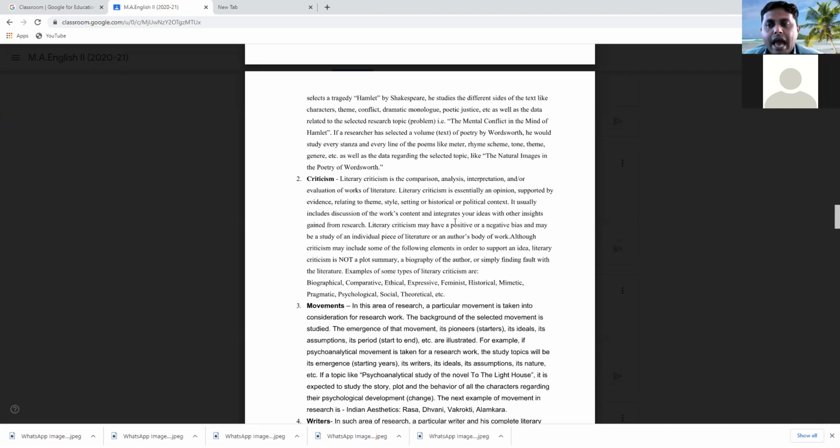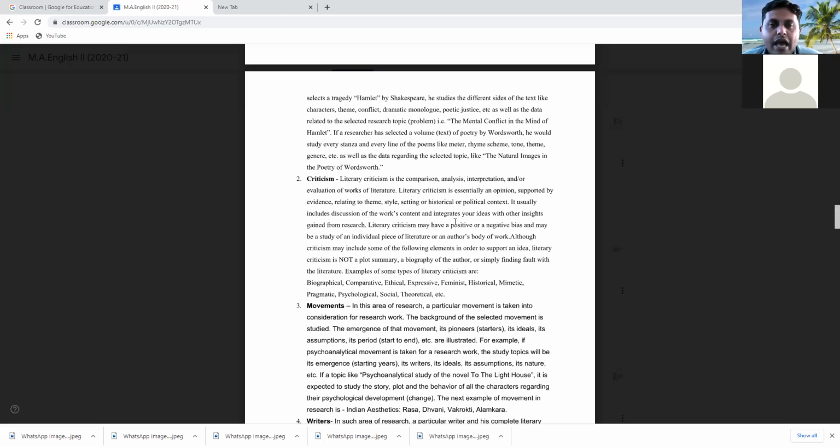So literary criticism may have a positive or negative bias and may be a study of an individual piece of literature or an author's body of work. Although criticism may include some of the following elements in order to support an idea, literary criticism is not a plot summary, a biography of an author, or simply finding fault with the literature, right?